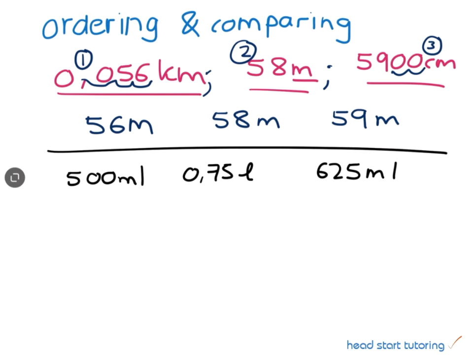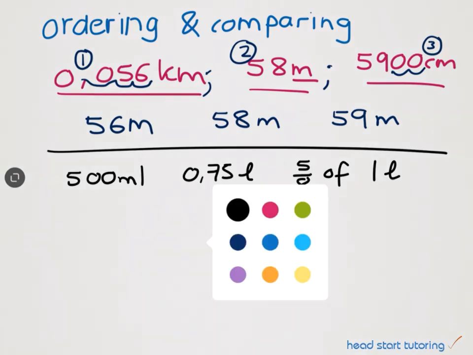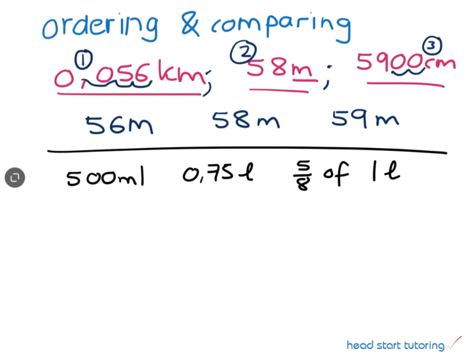Let's actually convert this 625 milliliters into 5/8 of 1 liter. So with these three measurements, again, we need to get them into the same measurement. So let's convert them all into milliliters so that we are not working with decimals. So we've already got our 500 milliliters here.